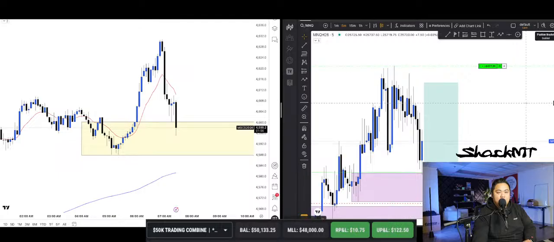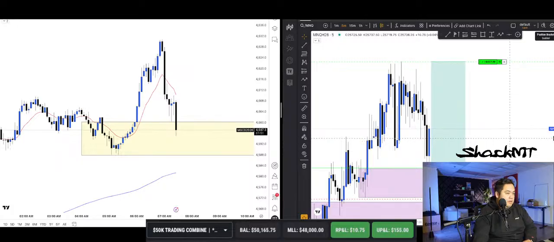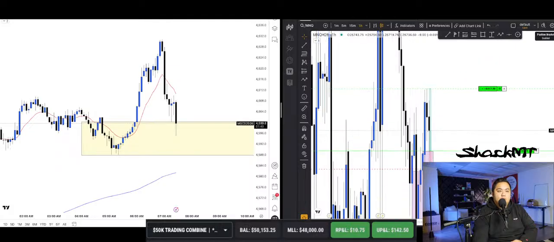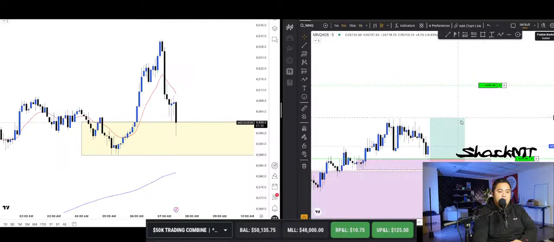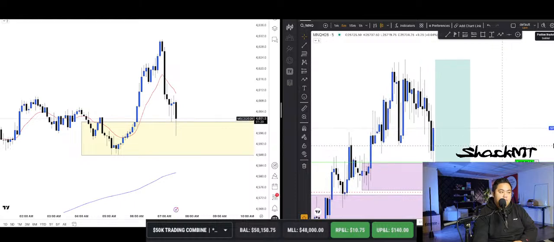Nothing crazy. I only win in 5 mini contracts. Market opens here shortly. Gold is bouncing back, but let's see what happens.